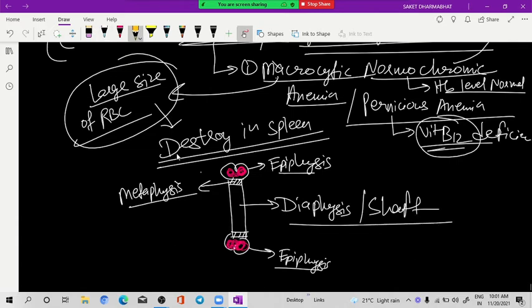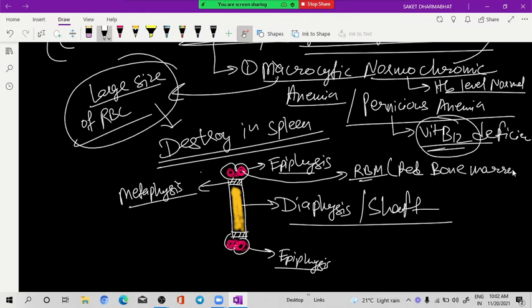Now see one thing. In the epiphysis part, what is present? RBM. What is the full form of RBM? Red bone marrow. Clear? Now in the diaphysis part, what is present?